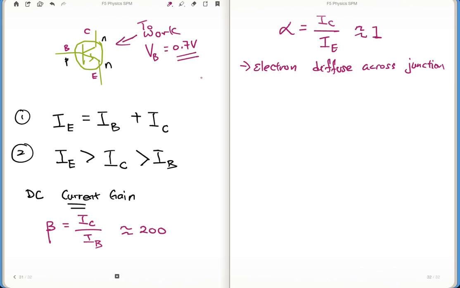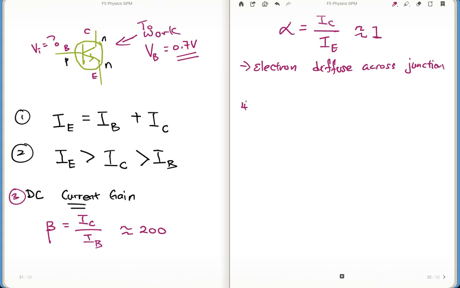So if you want to find out what would be the input current in order for it to work, you need to know the fourth equation. I think the third is this one.